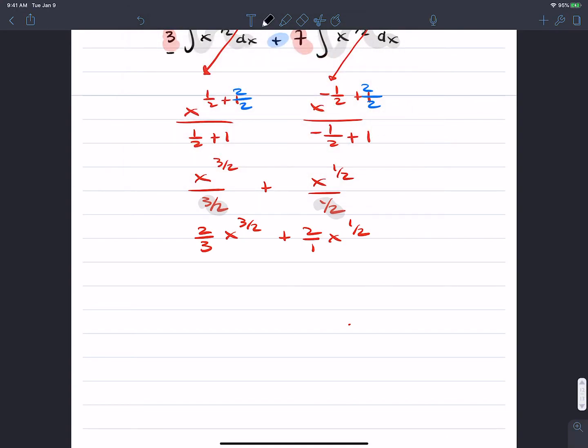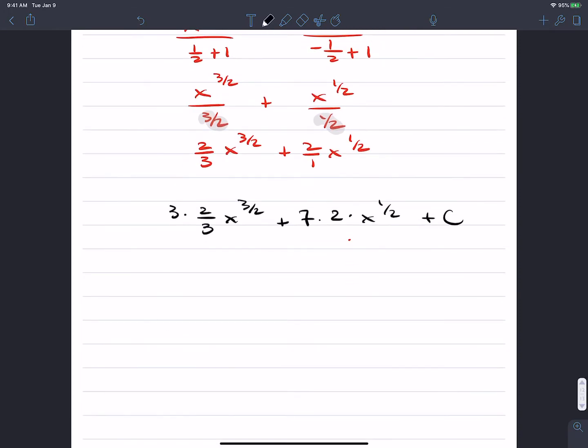We're going to bring down the 3. We get 3 times 2/3 x to the 3/2 plus, bring down the 7, 7 times 2 x to the 1/2, and don't forget to add your constant. So my 3's will cancel. I get 2x to the 3/2 plus 14x to the 1/2 plus that c.